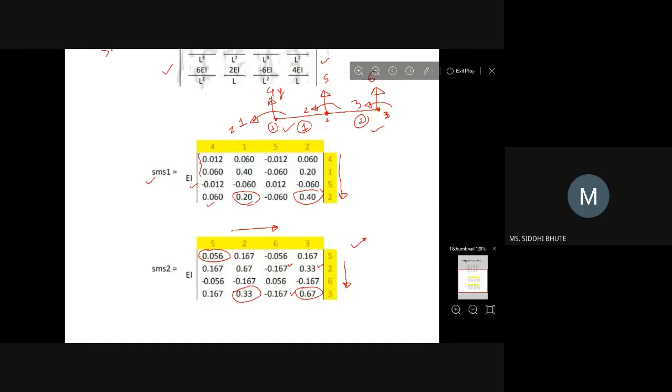What is the next step? After the SMS matrix, what are we finding out? SMS1 is done, SMS2 is done. There are 2 members, and for the 2 members we have assembled the SMS matrices. Is the numbering understood?